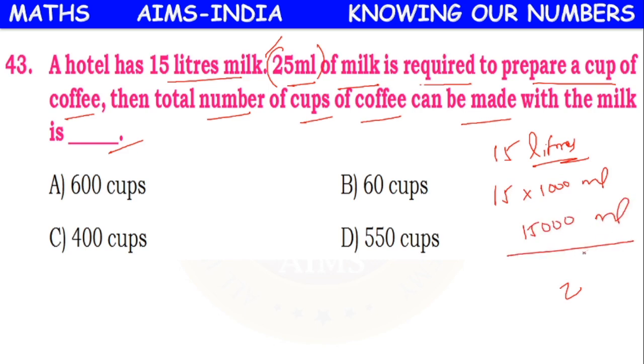For preparing one cup of coffee we need 25 ml of milk. So 15,000 ml divided by 25 ml. The ml cancel. 25 times 6 is 150, so 600. So we can make 600 cups of coffee.